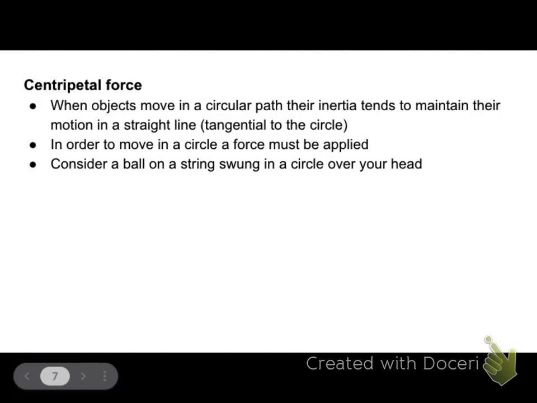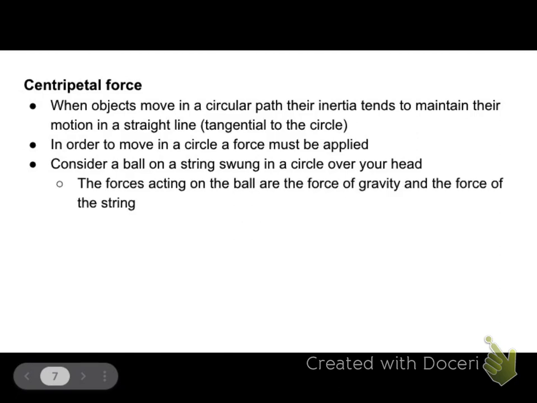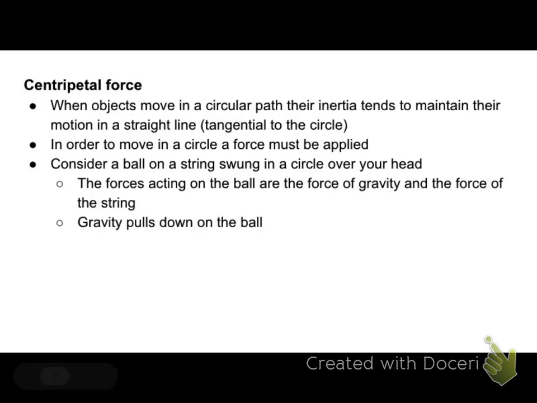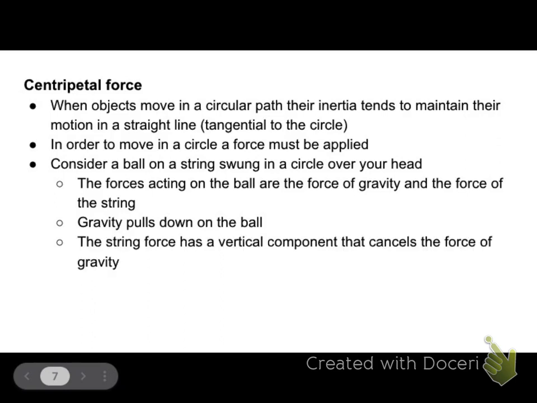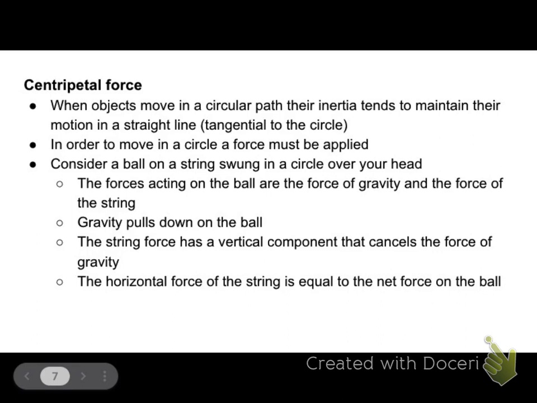So, consider a ball and a string swung in a circle over your head. The forces that are acting on the ball are the force of gravity and the force of the string. Gravity pulls downward on the ball. The string force has both a vertical component, which cancels the force of gravity, and a horizontal component, which is equal to the net force on the ball.